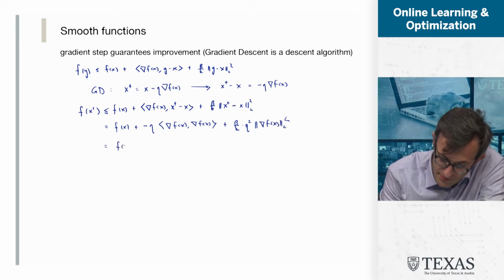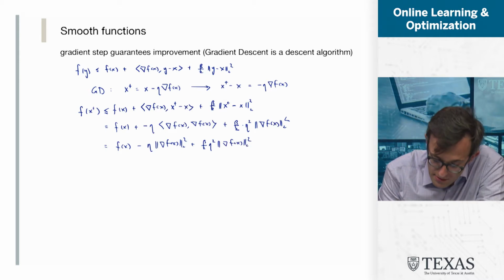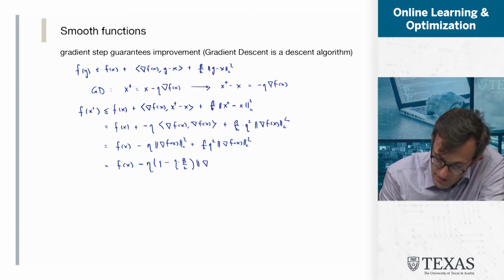Simplifying, this tells me that f of x minus eta times the squared norm of the gradient of f of x plus beta over 2 eta squared times the squared norm of the gradient of f of x. This is the upper bound. I can group the last two terms. So this is equal to f of x minus, let me take out the eta, which is common to both, and I have 1 minus eta times beta over 2 times the squared norm of the gradient of f of x.